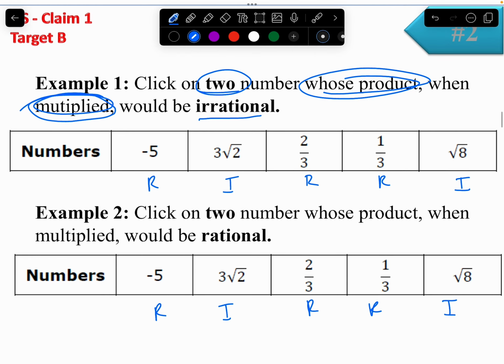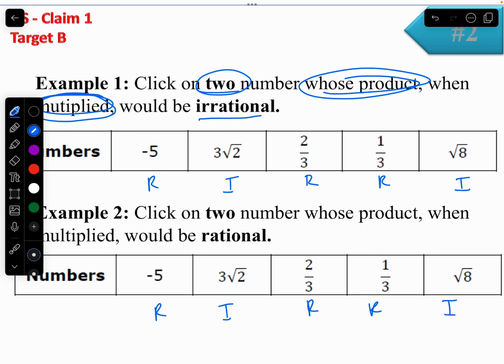So right here is I times I can sometimes be rational, but the easiest route here is that if something's rational or irrational, we're looking for irrational.